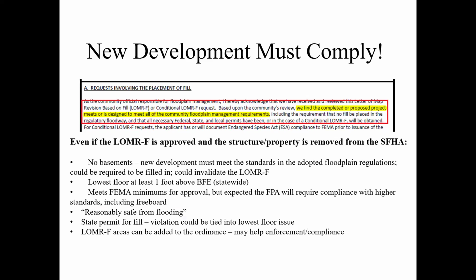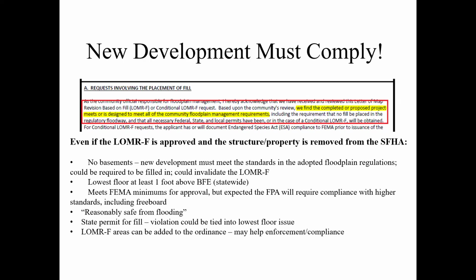Again, new development needs to comply. So your completed or proposed project meets the design requirements for the community. So again, even if a LOMR-F structure or property is removed from the special flood hazard area, there's no basements. The lowest floor is at least 1 foot above. It meets FEMA minimums for approval, but you are expected to comply with your higher standards.